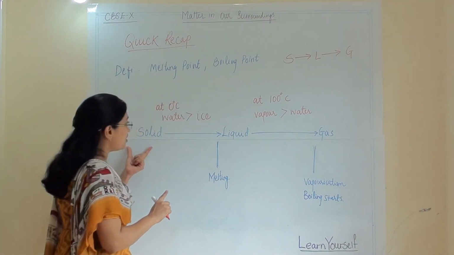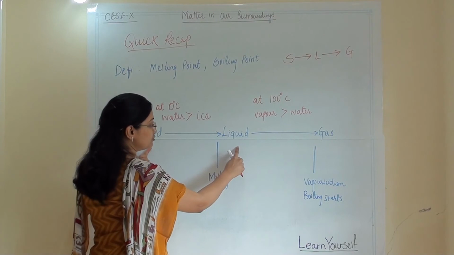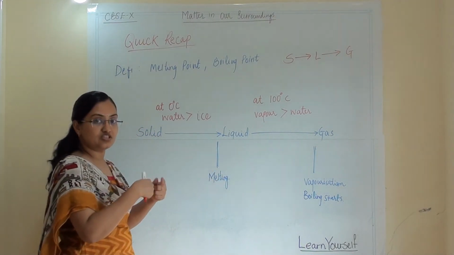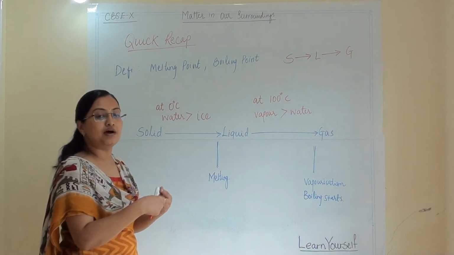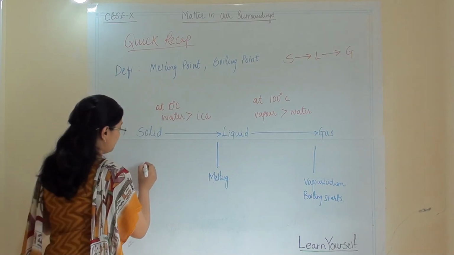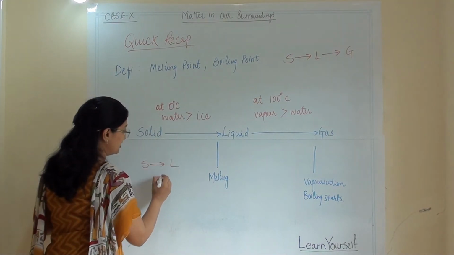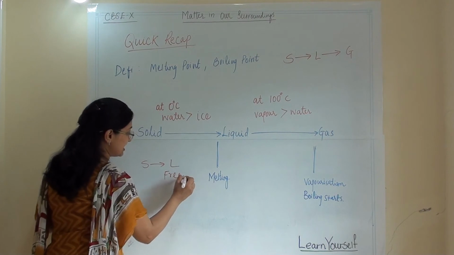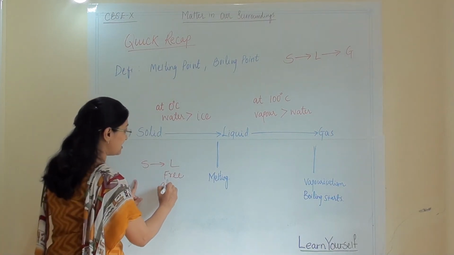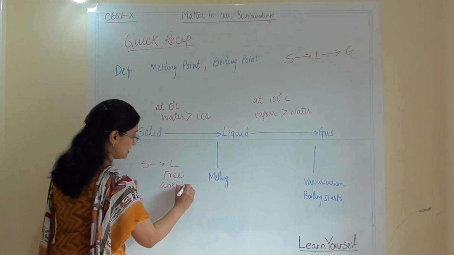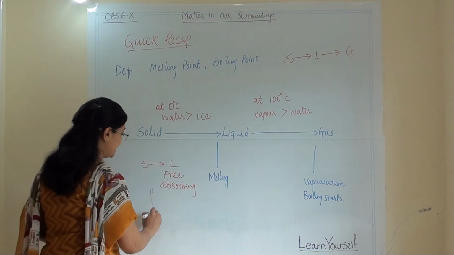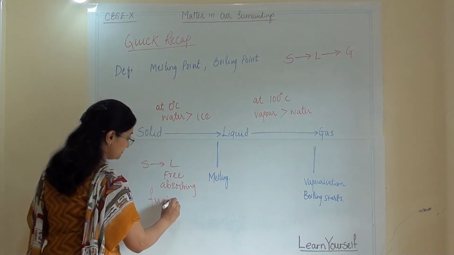Now when solid starts converting into liquid, whatever energy is absorbed by the particles makes them free. From solid it becomes liquid, so these particles are free compared to those particles. The energy they absorb to become free is known as latent heat of fusion.